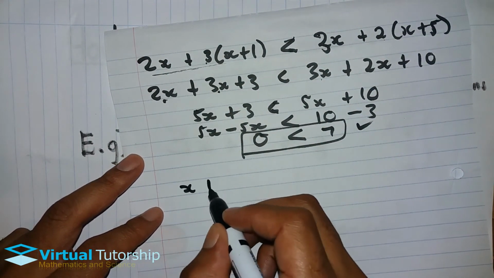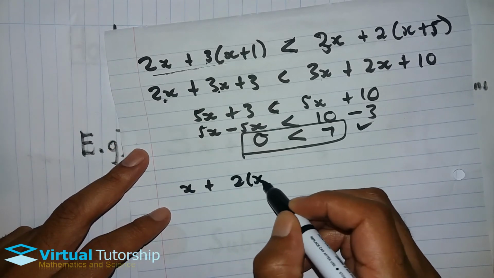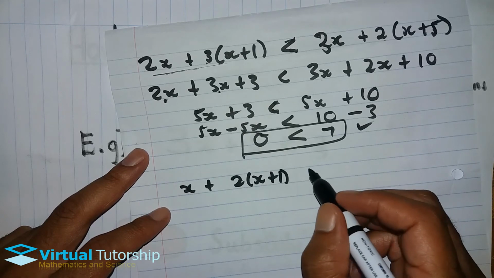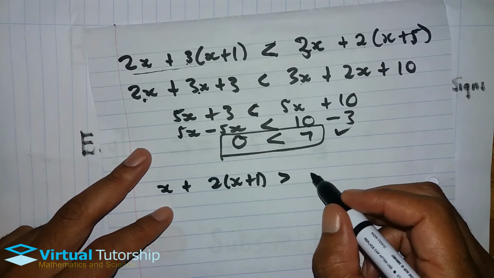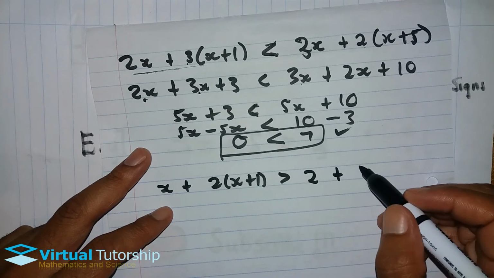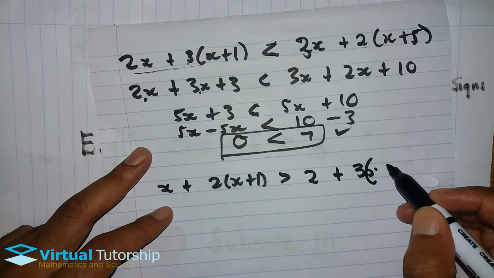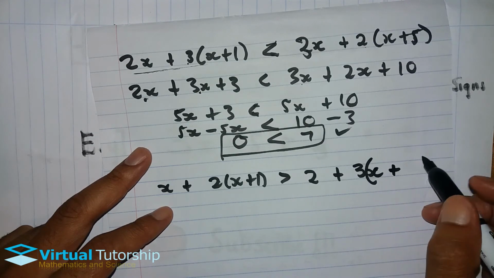Let's say it's x plus 2x plus 1 greater than 2 plus 3x plus 4.